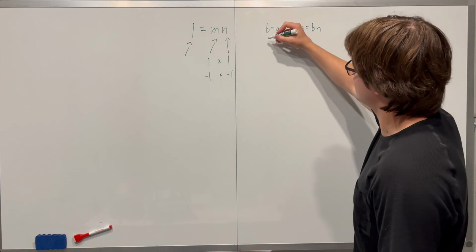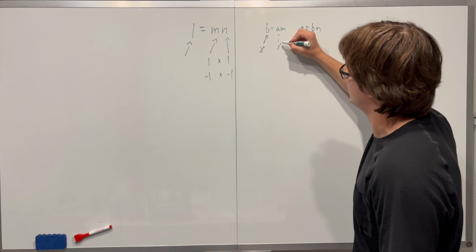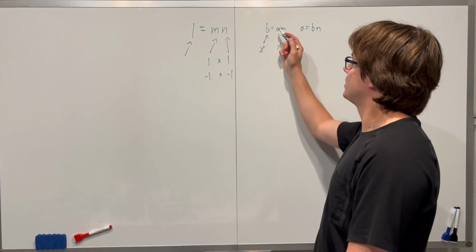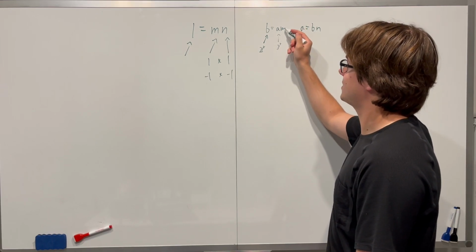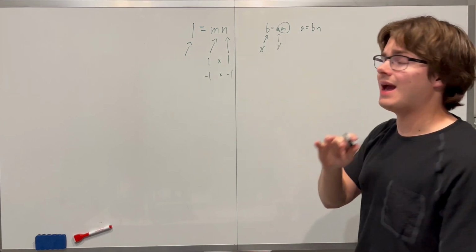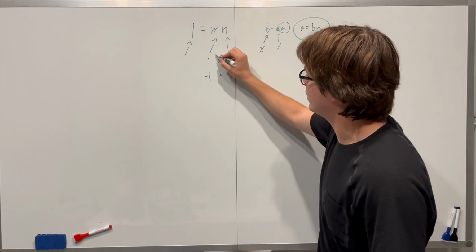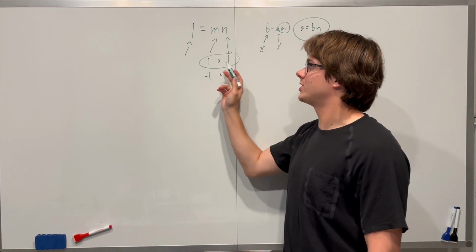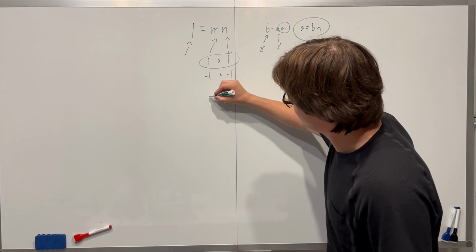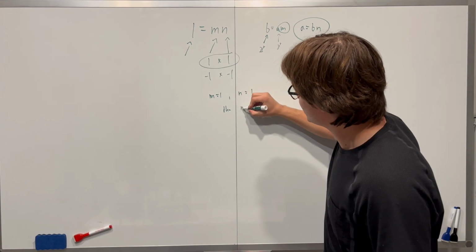Because b is positive and a is positive, the only way to multiply a positive number by an integer m and get a positive number is for m to be positive, and the exact same logic applies on the right hand side, which means the only possibility is for this to be 1 times 1 is equal to 1, which means m is equal to 1, n is equal to 1.